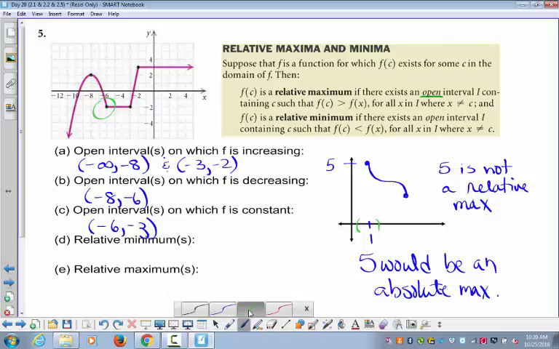Another way to think about relative min is that if you're going from left to right, the function is going from decreasing to increasing. Now, relative max, it's going from increasing to decreasing. And you'll study that a lot in calculus, these points where it's going from increasing to decreasing or decreasing to increasing.